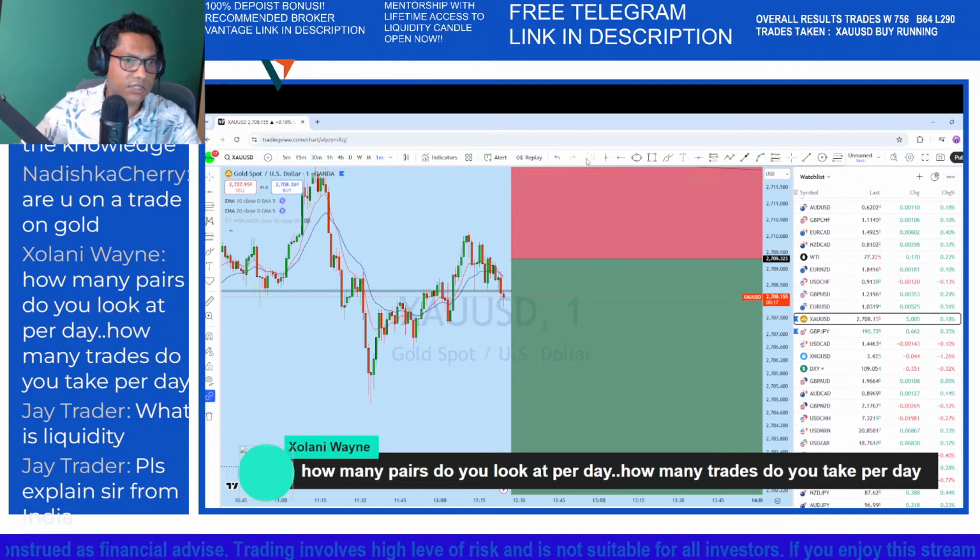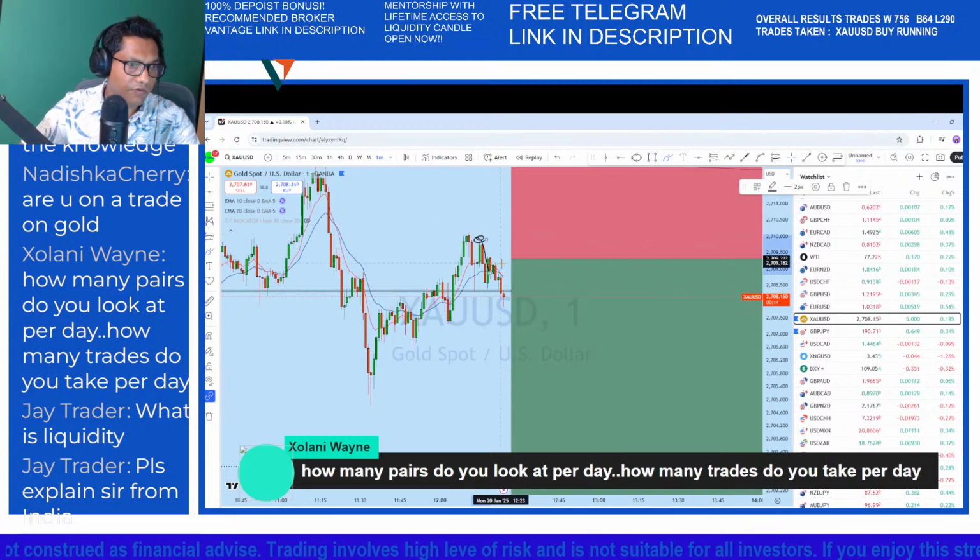Okay, so here you can see this is a bearish engulfer, bearish price action.